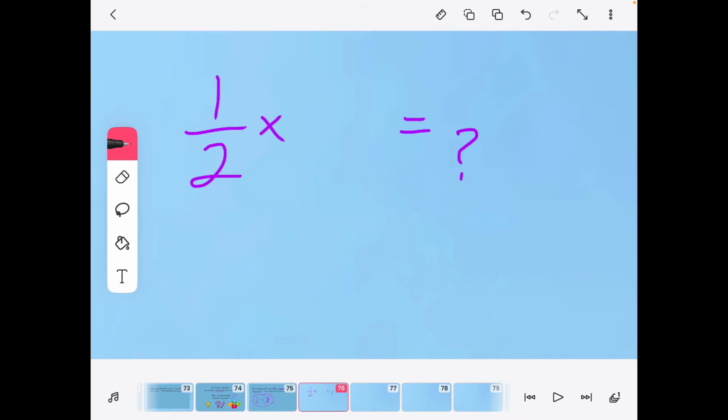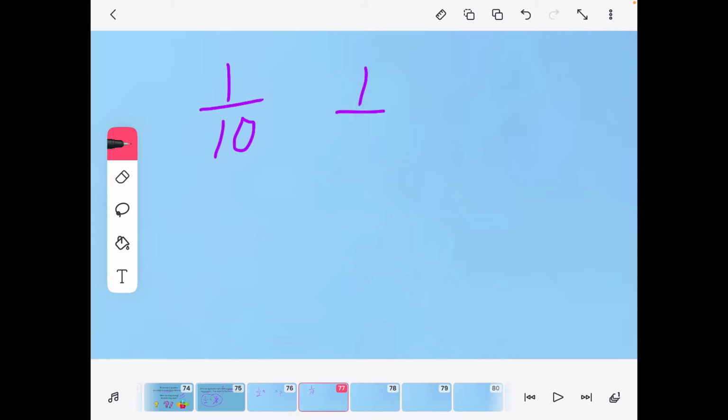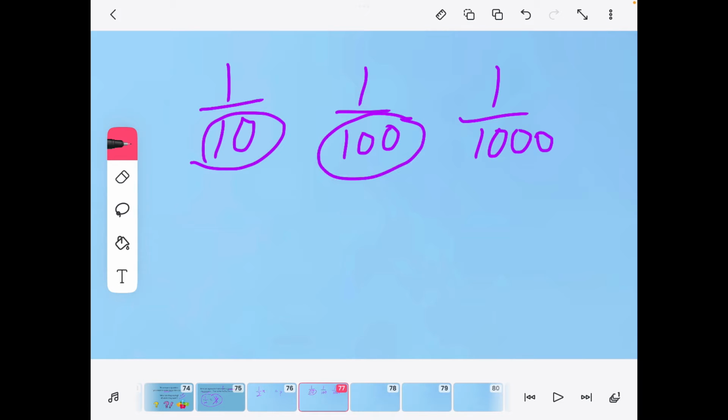What's a power of 10? 1 over 10, 1 over 100, 1 over 1,000. These are powers of 10. That's what they want. So we have to give it to them.